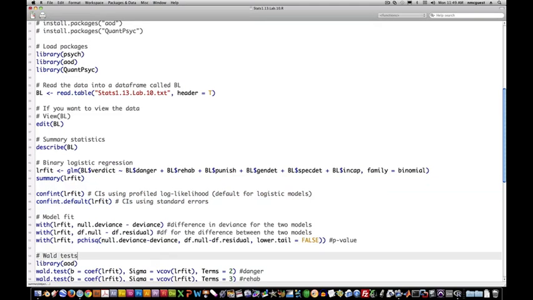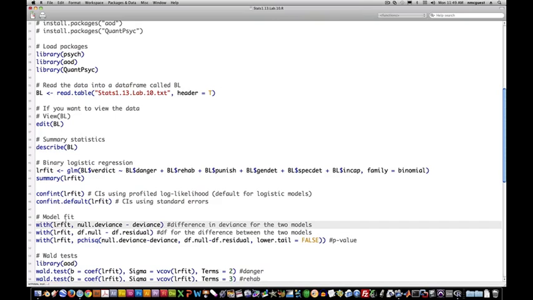So back to the script. One thing that we talked about in lecture is how you evaluate the overall model: you look at the model chi-square. The way we do that is we compare the chi-square for our model versus what's called a null model. A null model is one that has no predictors in the model.